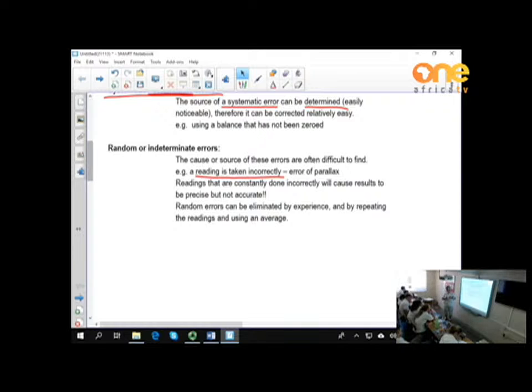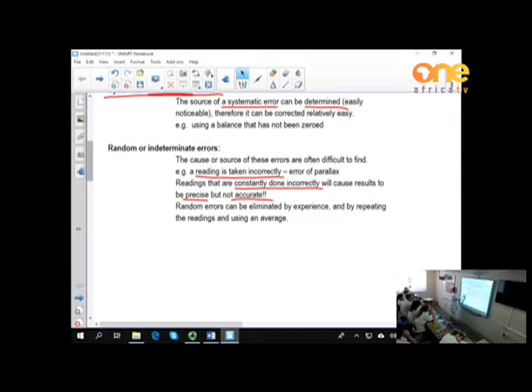But if you take a reading incorrectly now and your next reading you read correctly and the one after that is correct and the one after that is incorrect, it's going to be very difficult to get a decent set of readings. Okay, readings that are consistent but not accurate. And I'll come back to precision and accuracy in a moment.